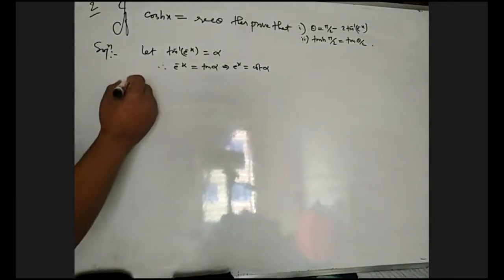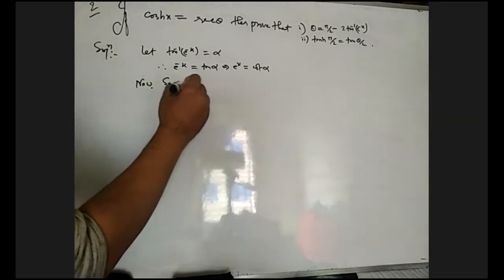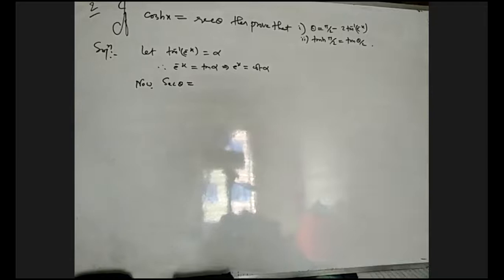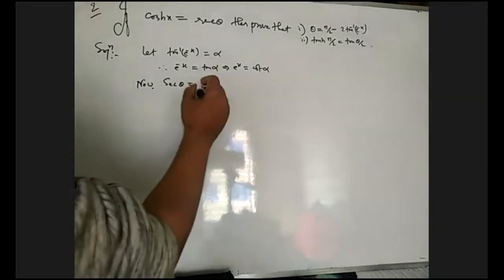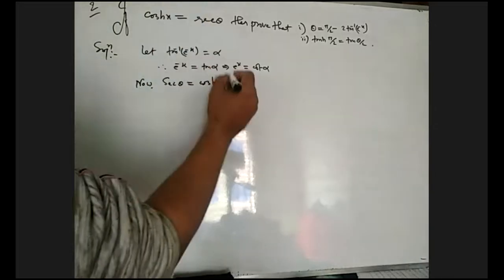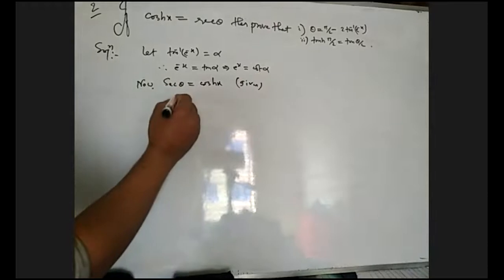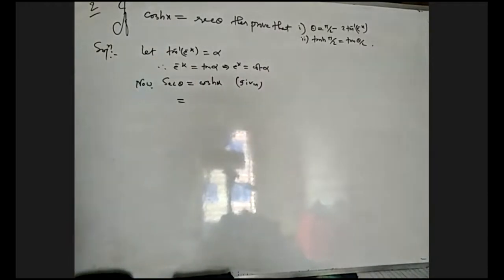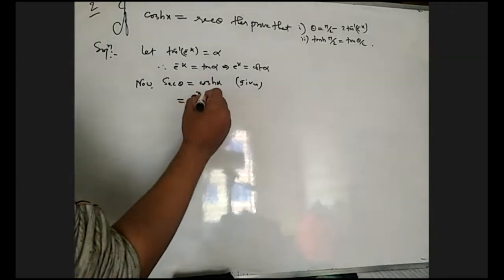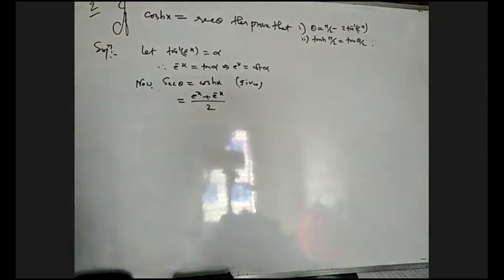So now sec theta can be written as cosh x by the given condition. This is the given. But cosh x means what? We have a formula in exponential form: e to the power x plus e to the power minus x divided by 2.